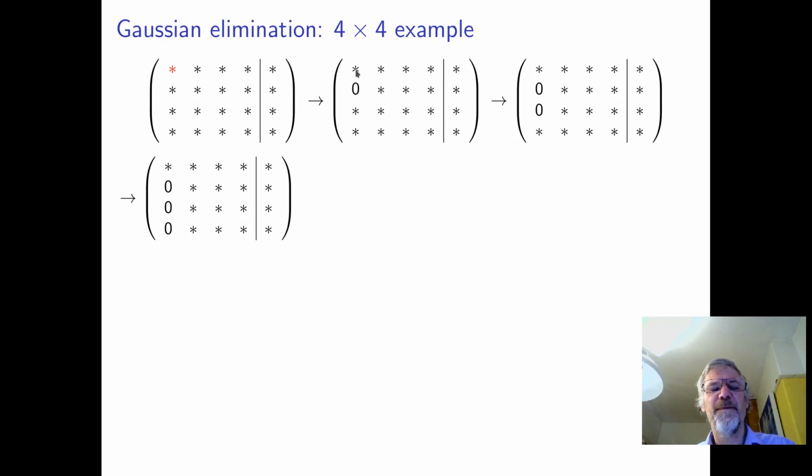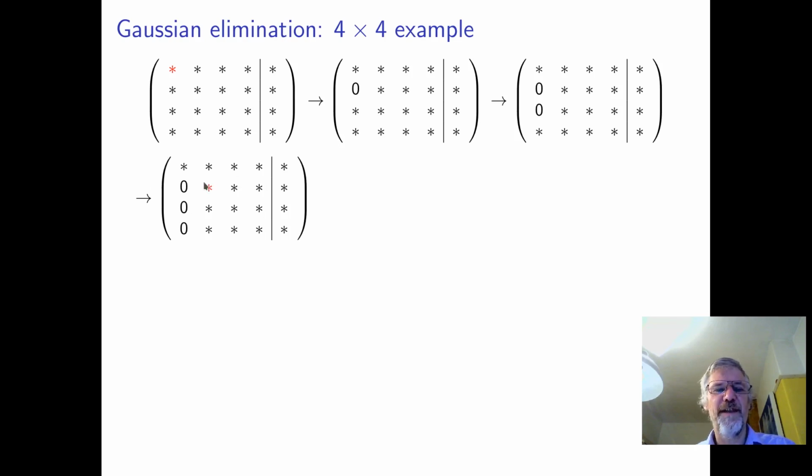But if you're trying to use a 0 for that number, it doesn't work, so you just swap the equations so that you don't have a 0 in that first position. Anyway, using that non-zero, we get rid of the numbers below it and make them 0 by subtracting multiples of the first row. Then we've got zeros in that column.